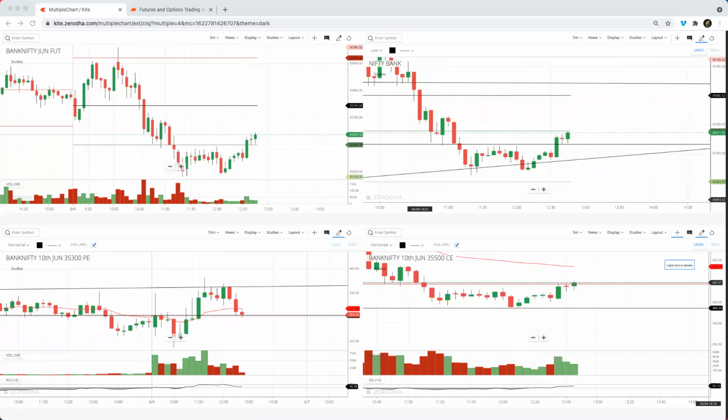Okay, so let's see how Bank Nifty can do. Let's quickly check how Bank Nifty is capable of doing.